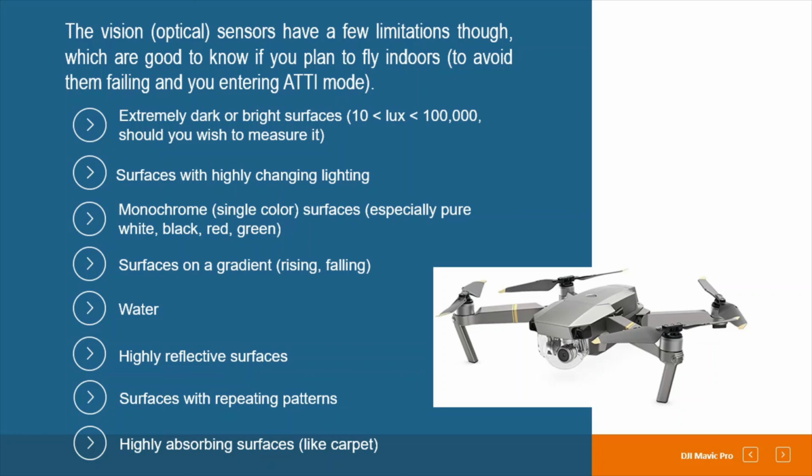Surfaces with a gradient, water, highly reflective surfaces, surfaces with repeating patterns, and highly absorbent surfaces such as carpet. These are the limitations of the sensors, and the drone may not operate very well.